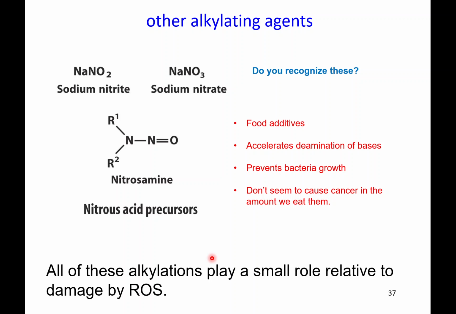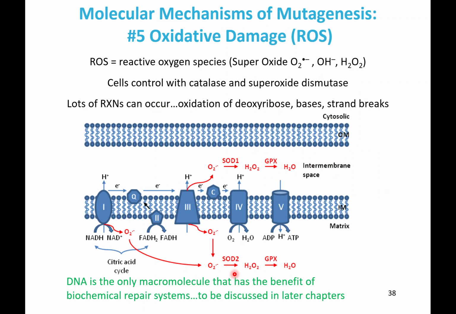Right. All of these alkylations play a very small role in DNA damage relative to those caused by reactive oxygen species, and that's the fifth mechanism of DNA damage or mutagenesis: oxidative damage, or reactive oxygen species. Okay, so ROS stands for reactive oxygen species.